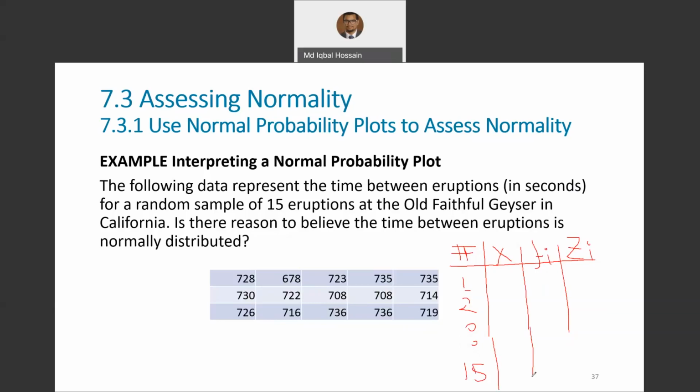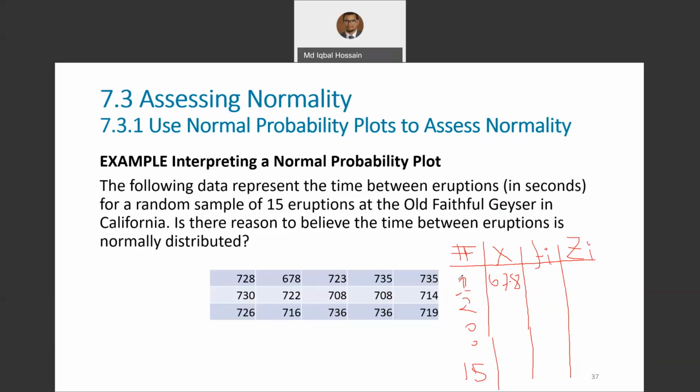We will have 15 X values because we are putting the data set in ascending order, and the first value is the smallest value we have, which is 678. This one is our smallest value, so it is the first value for X.